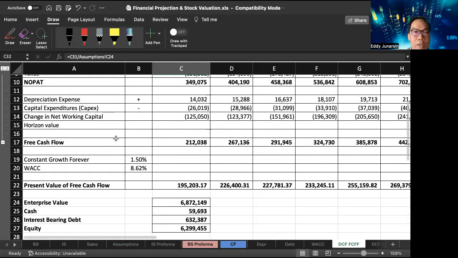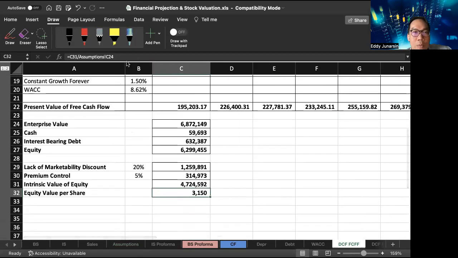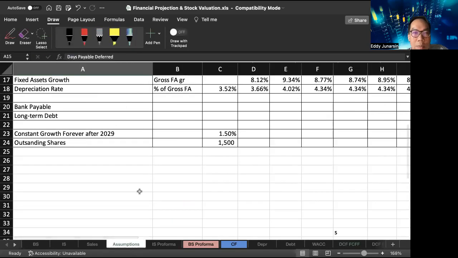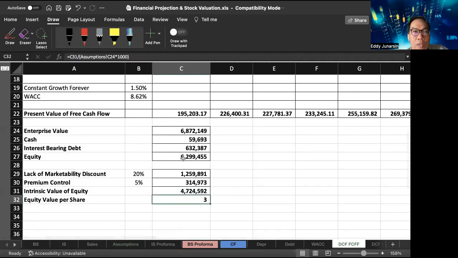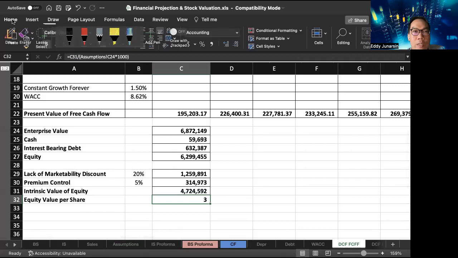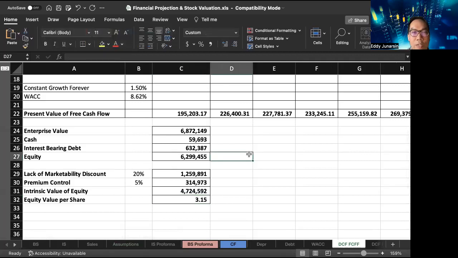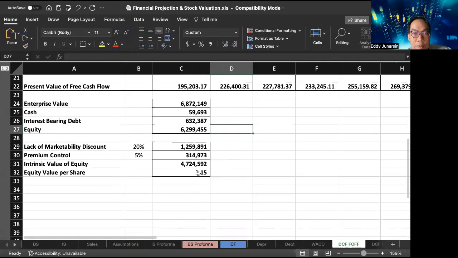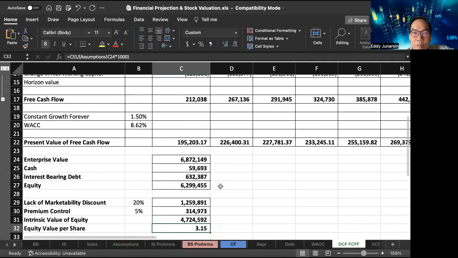So we have to multiply it with thousands. One moment. So here, because it's in, I think, million, the number of shares outstanding is in million. So we should put it. Yeah, so we get about three, just to be precise, 315. 315 per share. That's the fundamental value per share, intrinsic value per share.